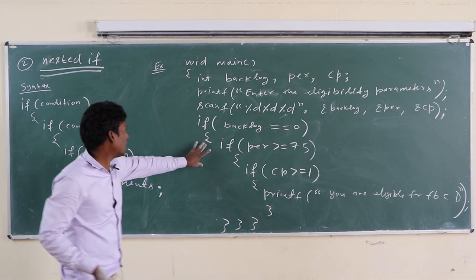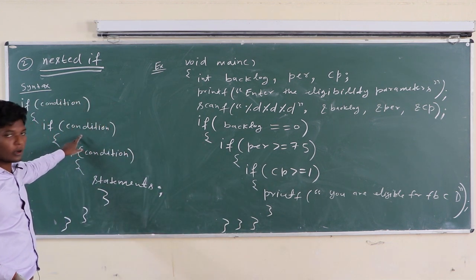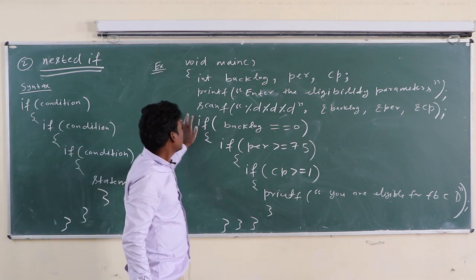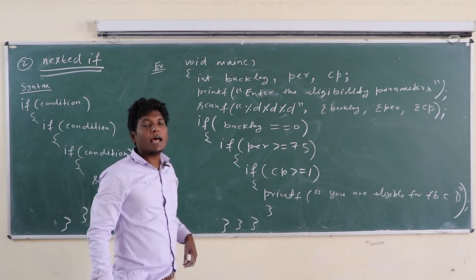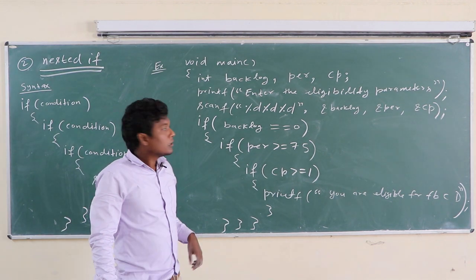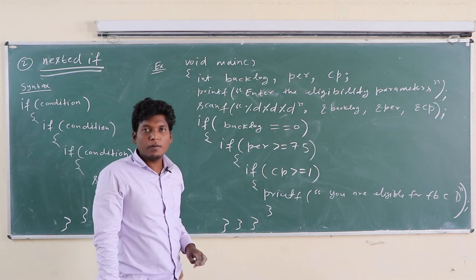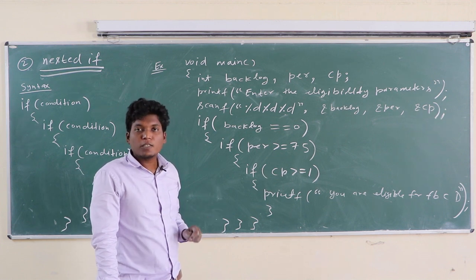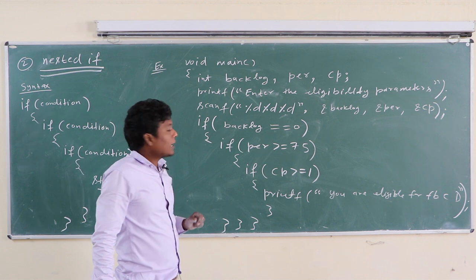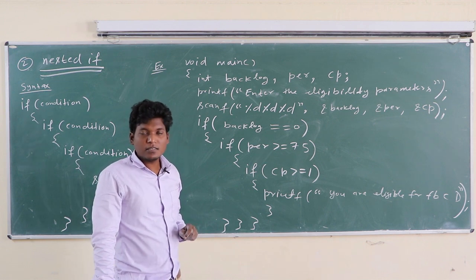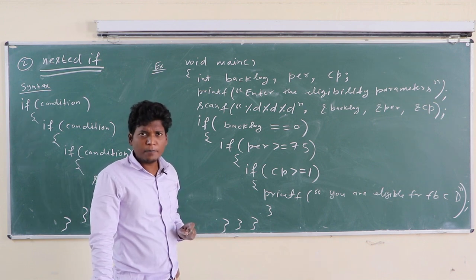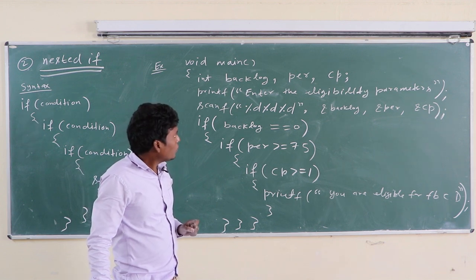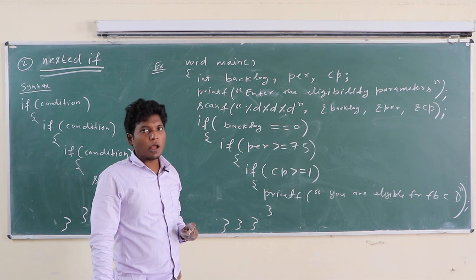So class, this is the example of this syntax. Exactly follow that syntax. This is a program to write a program in C to check whether a student is eligible for Facebook campus drive or not. The criteria for Facebook campus drive are: backlog must be 0, percentage is greater than or equal to 75, and the student knows at least one computer programming language.